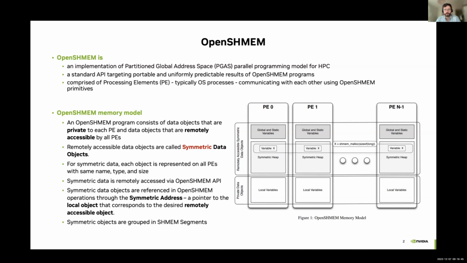In the scope of this presentation, we are going to be mostly interested in the memory model of OpenSHMEM. So let's look at it a little bit closer. OpenSHMEM consists of private data objects, which are typically local variables, but I think you can also use malloc, though I'm not sure about that, and remotely accessible symmetric data objects.